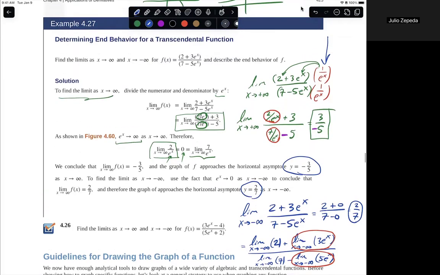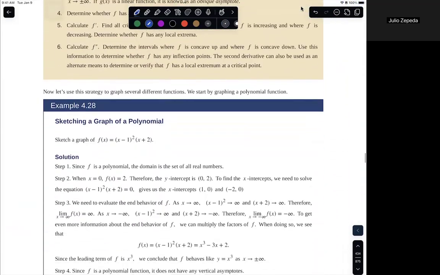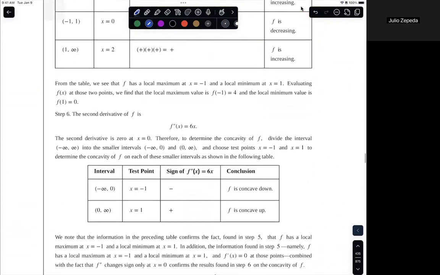Nice. This is a very good one to try just to practice yourself. See if you can do that. And then you can use something like desmos.com to graph the function and see if your horizontal asymptotes are in fact what you computed them to be. All right. I don't have time to go over the rest of this section at this point.